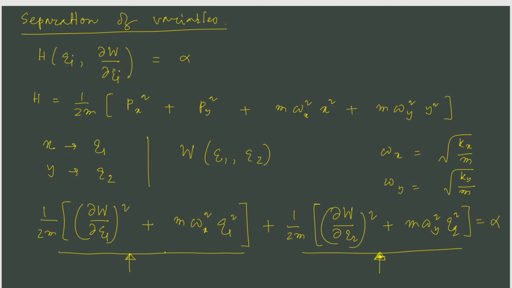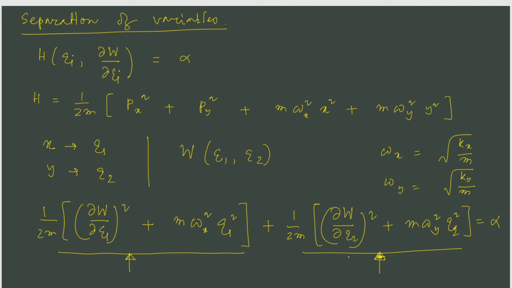When the motion along x is taking place, the motion along y might not have been there, and vice versa. Either way, intuitively, the total energy of the motion along x must be a constant of motion, and it has nothing to do with what is happening along y.